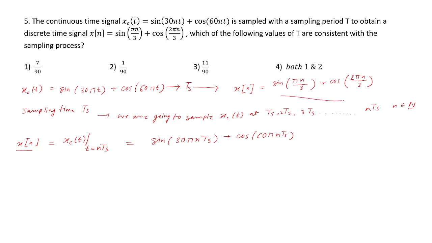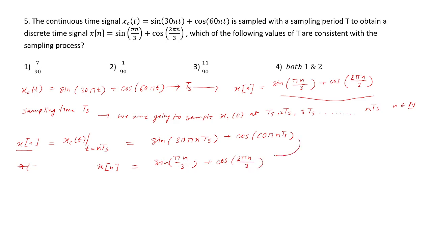These things I'm writing here for your understanding purpose, that the question says x[n], sorry, x[n] is given as sine pi n by 3 plus cos 2 pi n by 3.